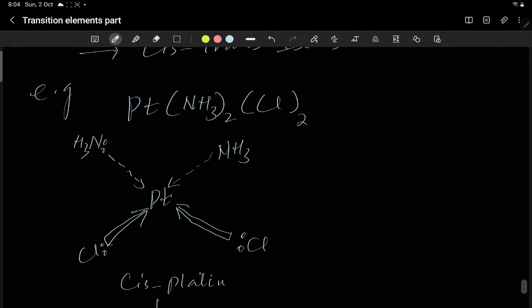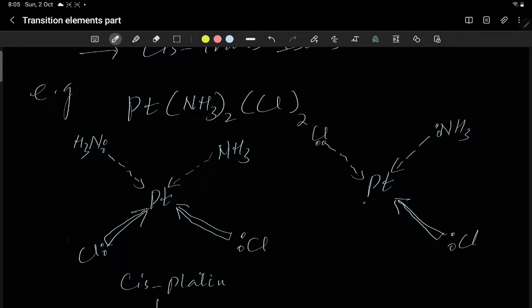So on the other hand, platinum, NH3 and two different ligands, so this is transplatin.